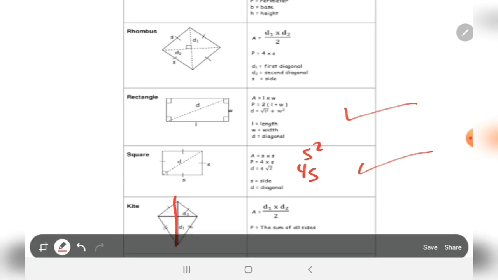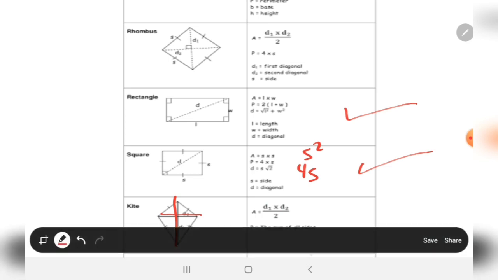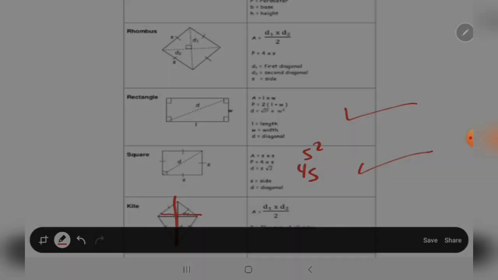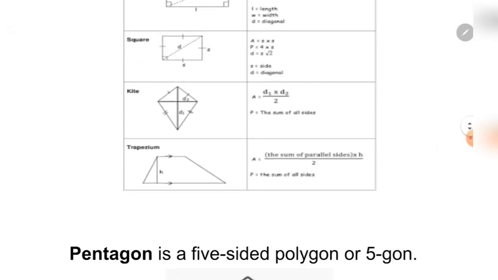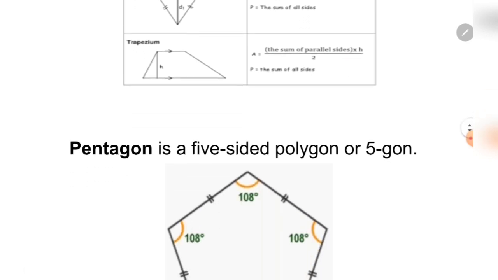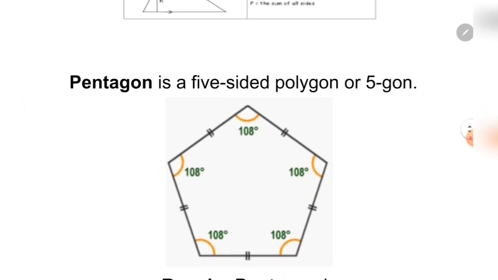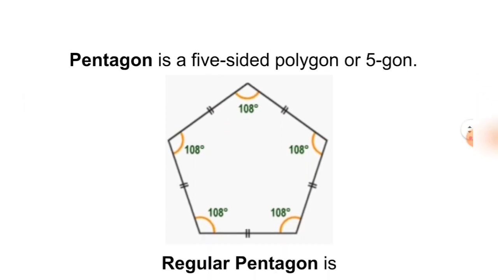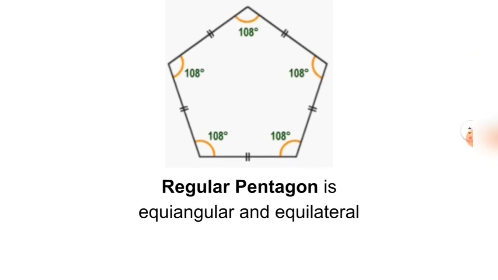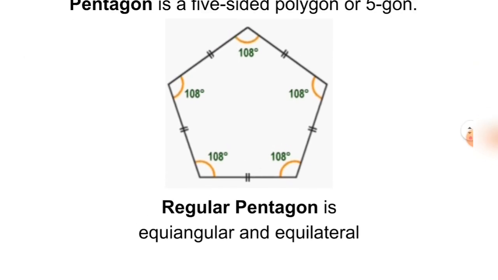Next, kite, the first diagonal times the second diagonal divided by 2. Next, in the perimeter, the sum of all sides.